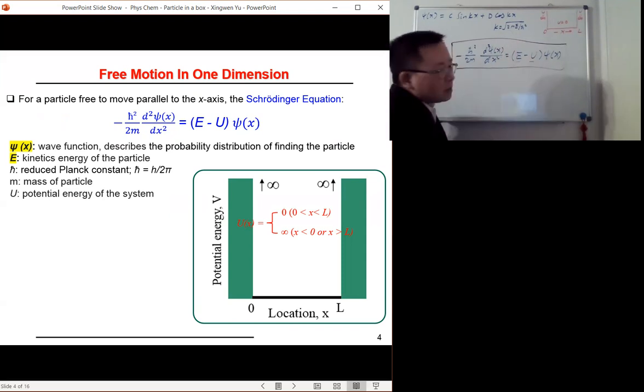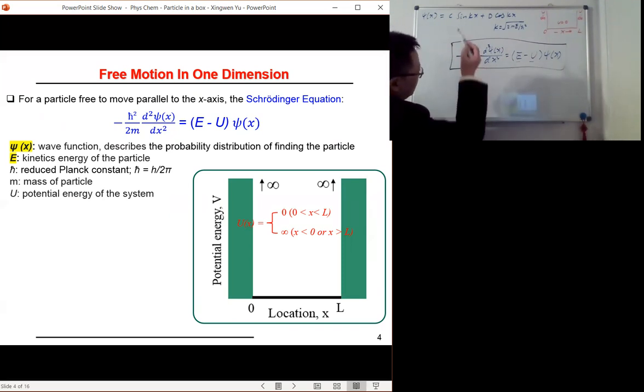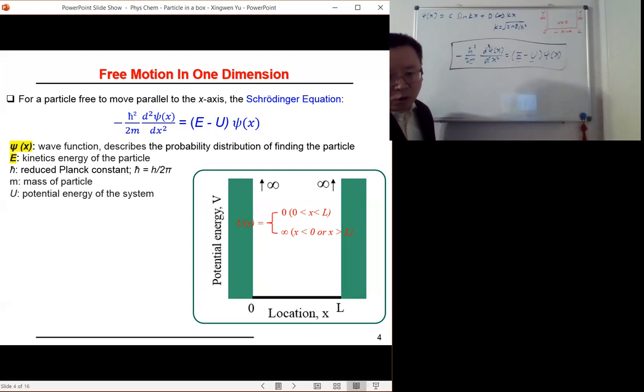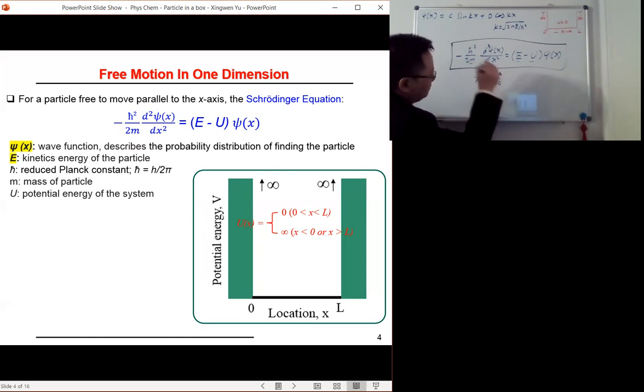U is the potential energy of the system. m is the mass of the particle. And h bar is the reduced Planck constant. h bar equals h over 2 pi.